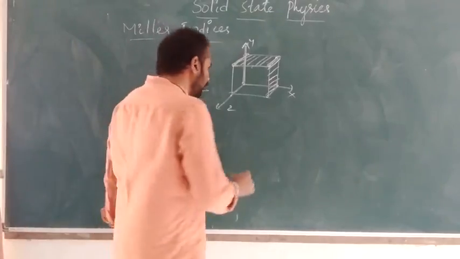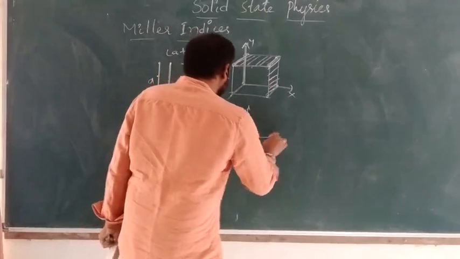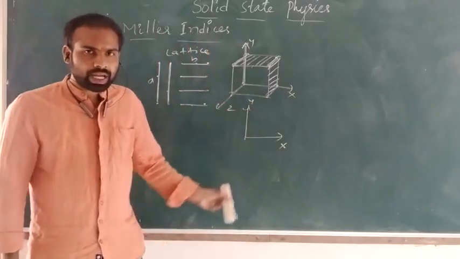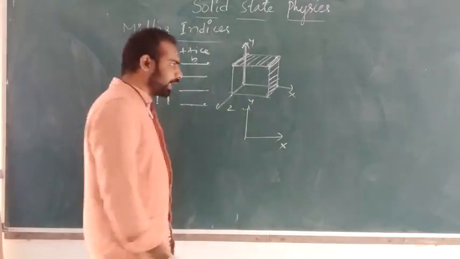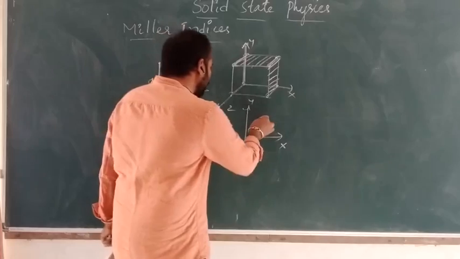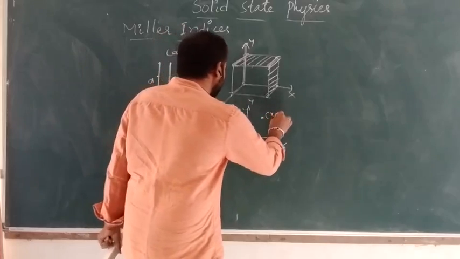For example, if you take a two-dimensional coordinate system, x-axis and y-axis, and take any point in the space, how can we represent this point? By using x comma y.